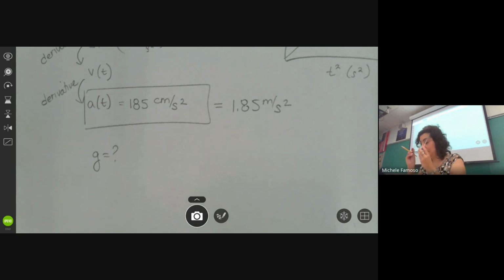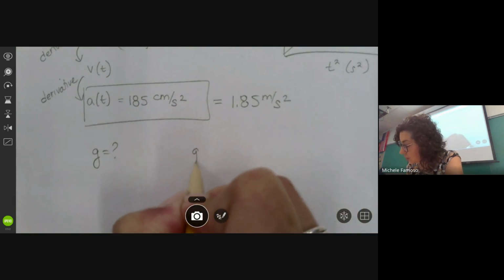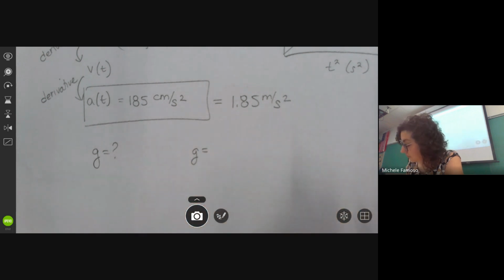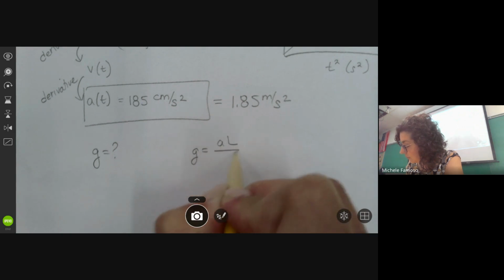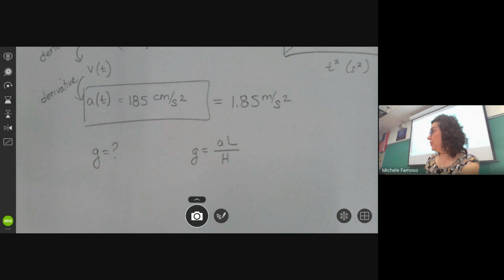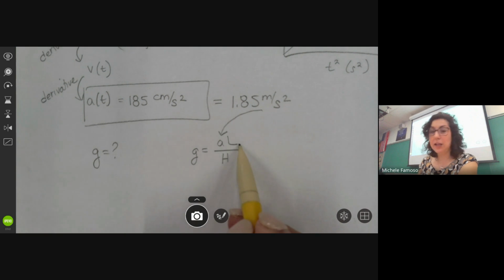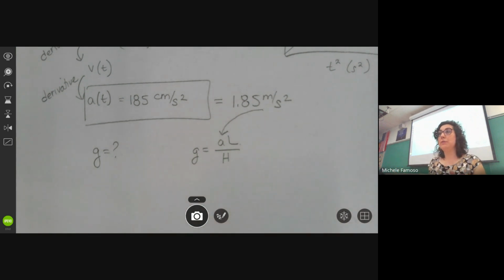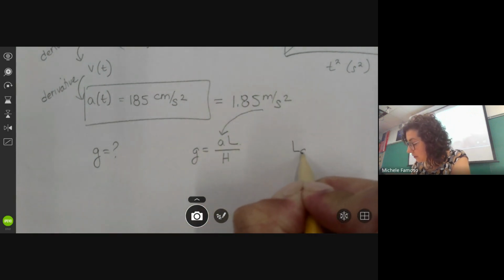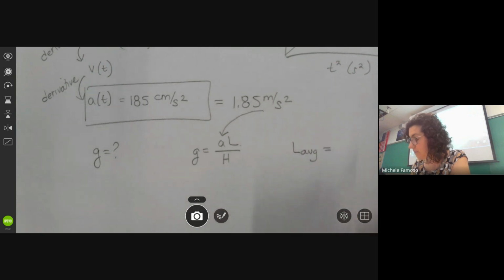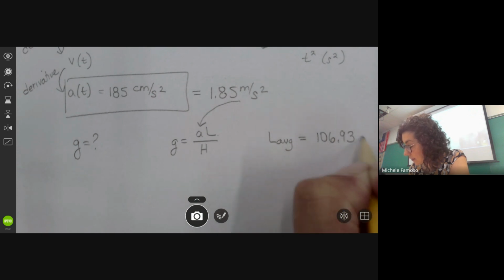Yes. So what does it give you for the equation for g? Okay, AL over H. This is the value of A. L is going to be the average length measurement. Olivia, look at your Google Sheet. Can you tell me what your average length was? Centimeters.